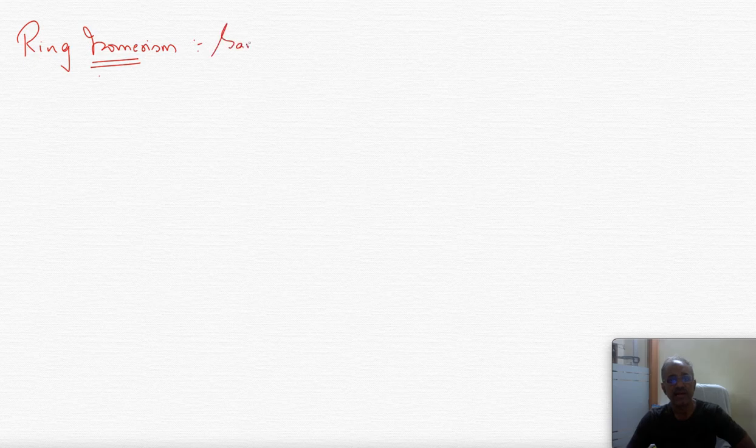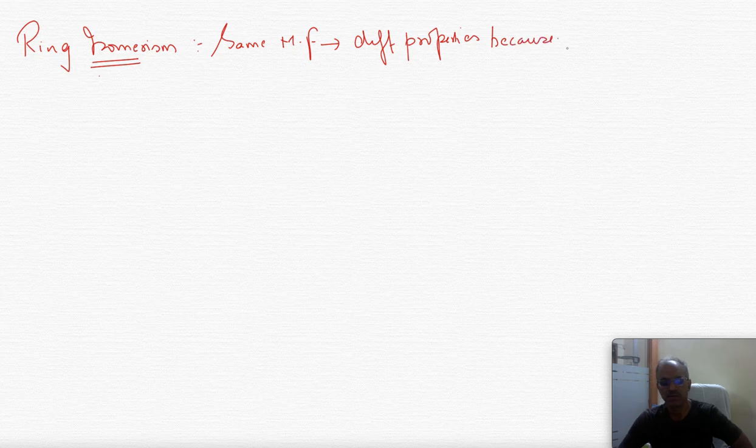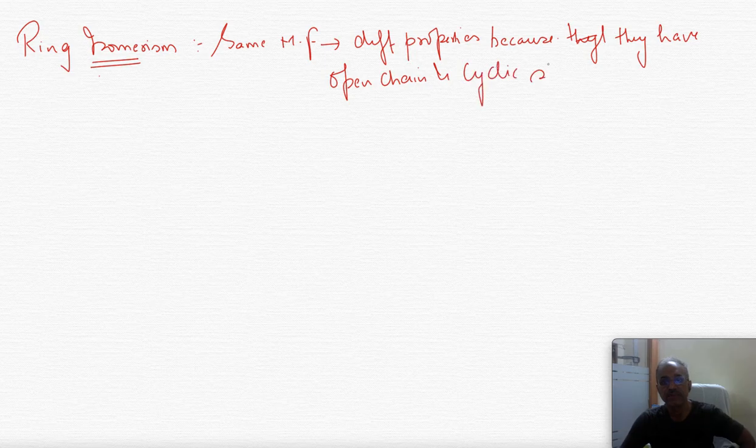They are compounds which have the same molecular formula but different properties because they have an open chain and a cyclic structure, right?